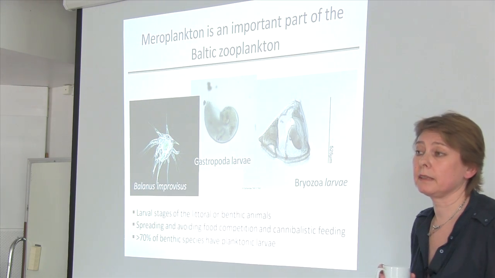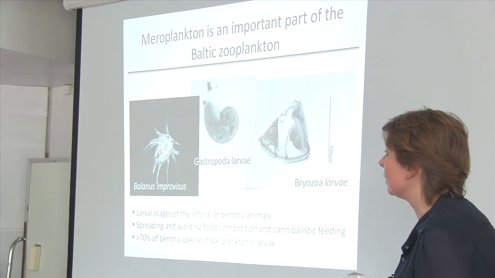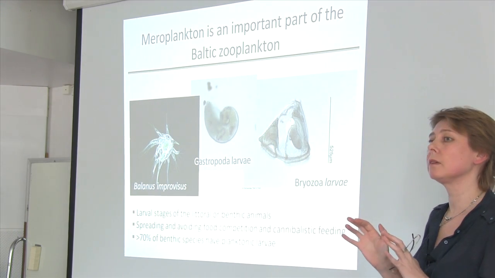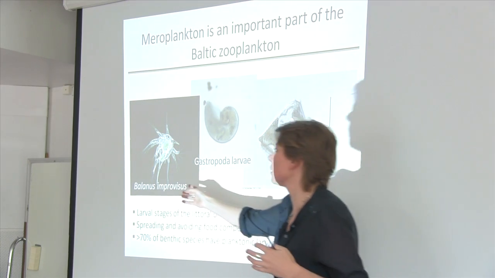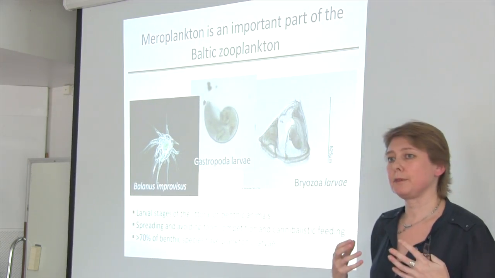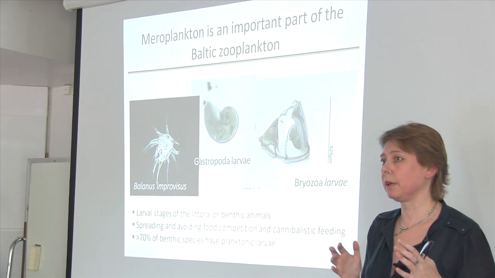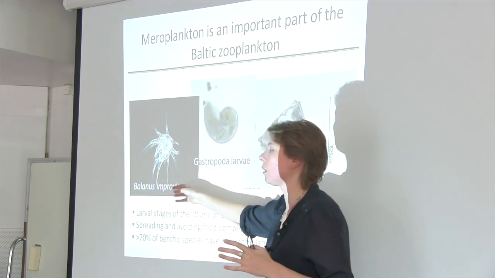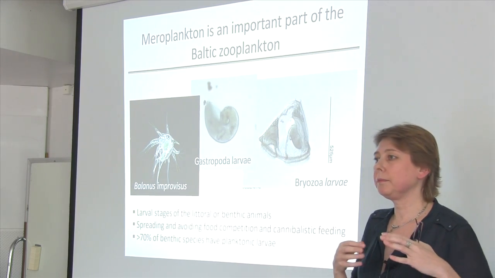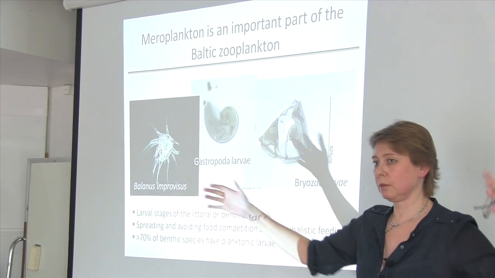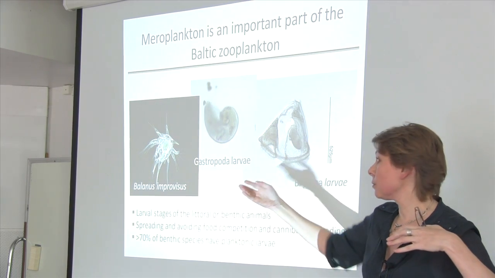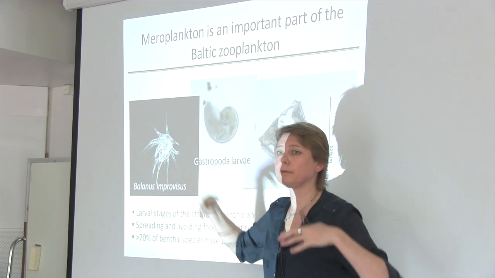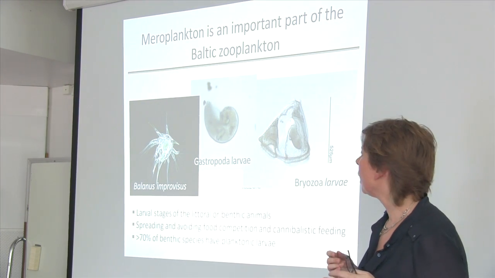Meroplankton is also an understudied part of the Baltic zooplankton. We have some periods when the barnacles, for example, reproduce, and they do it quite synchronously. It's a pulse of huge biomass coming up in the water column, spreading around with water currents. They are the size of a small coffee pot. They're perfect food for fish.